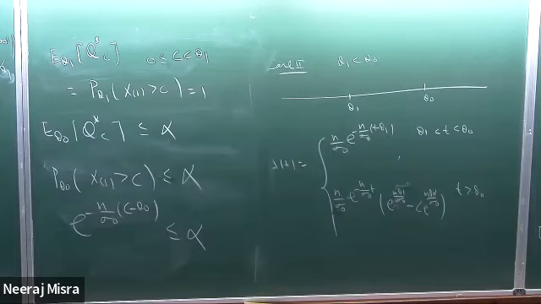So many choices of C. So you have infinitely many MP alpha tests in this situation. Which one would you prefer? There are infinitely many MP alpha tests, each of them has power 1. So which one would you prefer? The one for which the type 1 error is minimum.